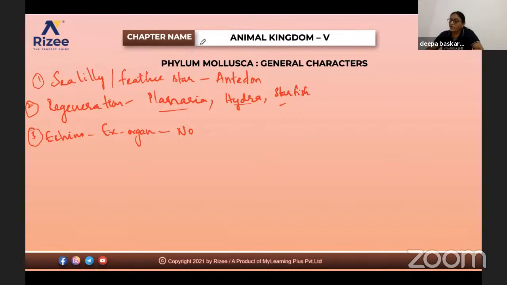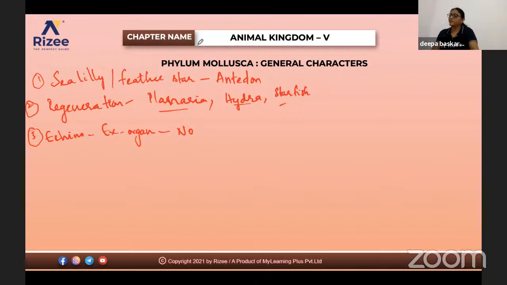Calcareous. Echinoderms exhibit radial body symmetry, bilateral body symmetry, soft skin, porous body. So here it should be meant for adult echinoderms. So radial, adult. Yes, radial. Very good.